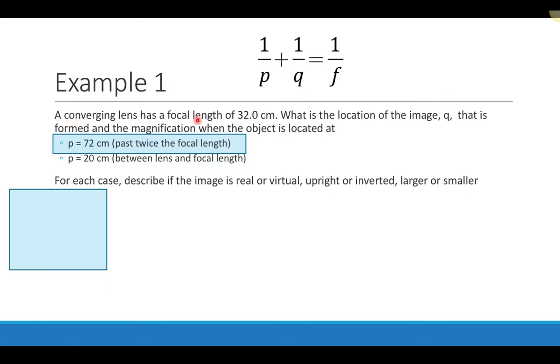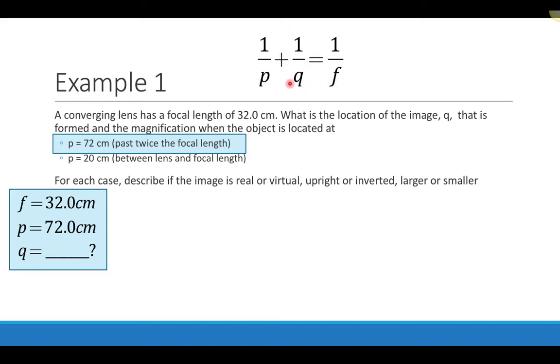So let's go back and read the question again and write down what we know. We have a converging lens that has a focal length of 32 centimeters. We want to determine the location of the image, q, that's formed when the object is located at 72 centimeters. According to the thin lens formula, 1 over the object distance plus 1 over the image distance is 1 over the focal length.